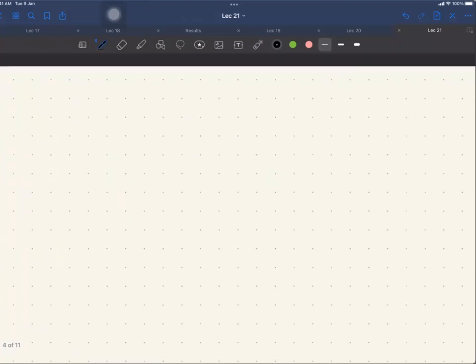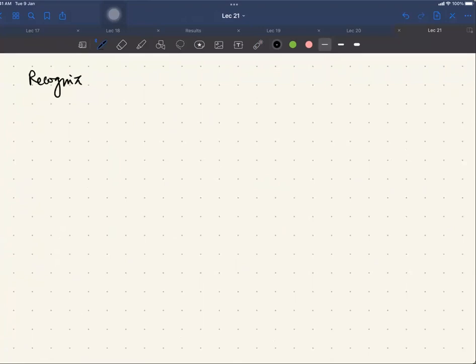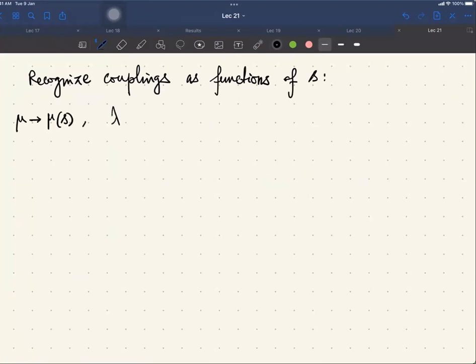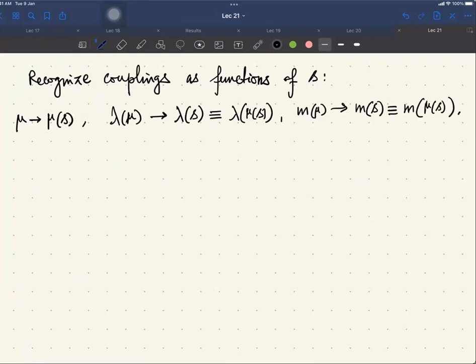So also you recognize the couplings as functions of S. So that mu is replaced by a function of mu as a function of S, lambda mu is replaced by lambda of S, which is by definition lambda of mu of S. M of mu is thought to be M of S, which is M of mu of S. Okay, and then beta lambda should be viewed as s times d lambda ds.